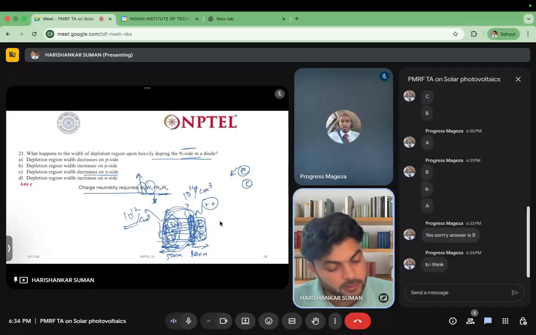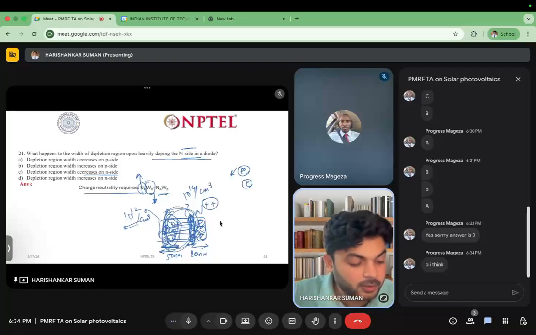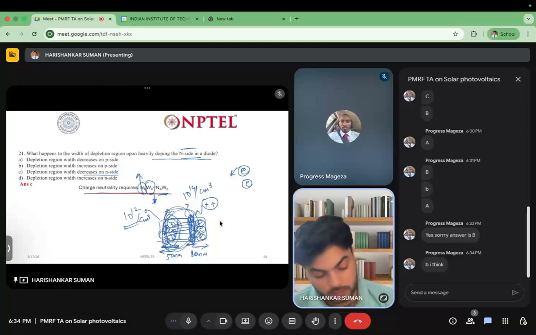So the answer will be C. Why? You can see the charge neutrality and the depletion width, donor N side, acceptor P side.